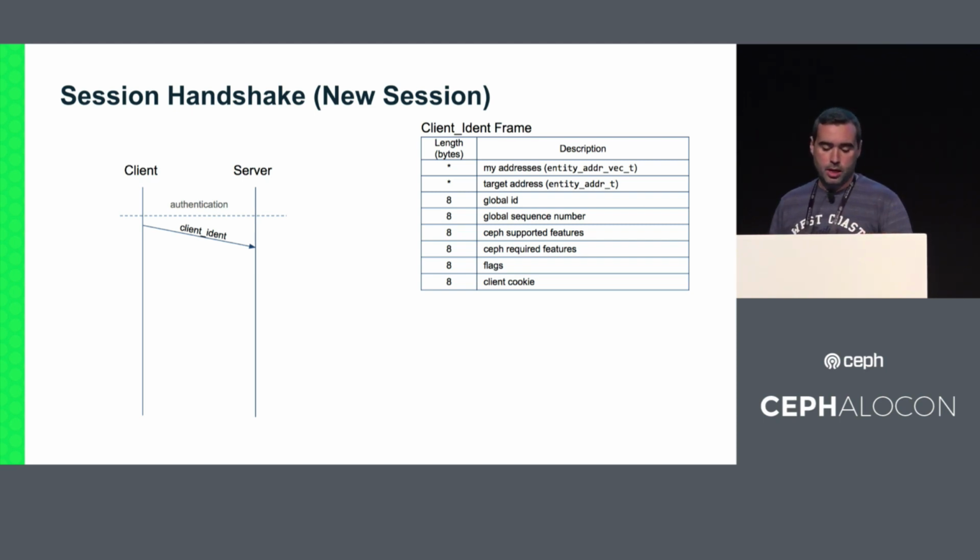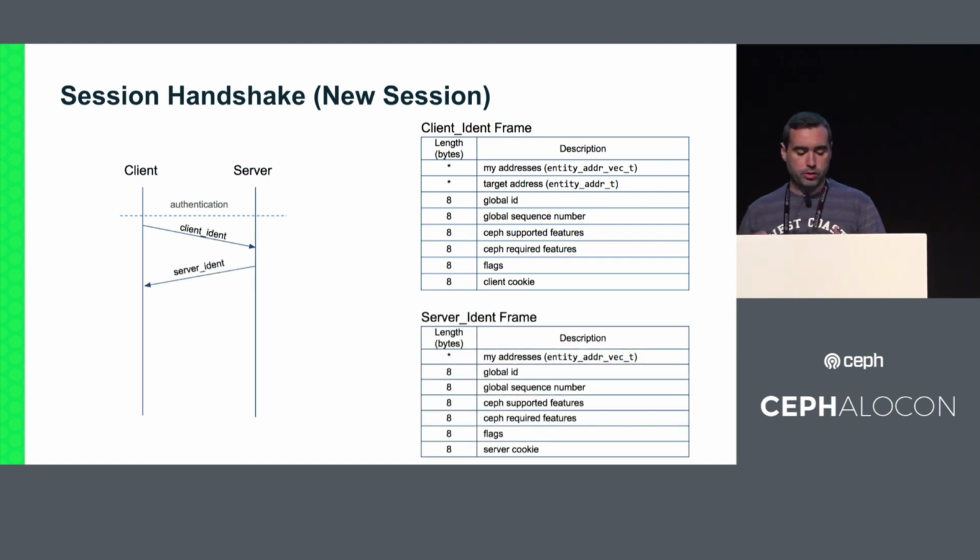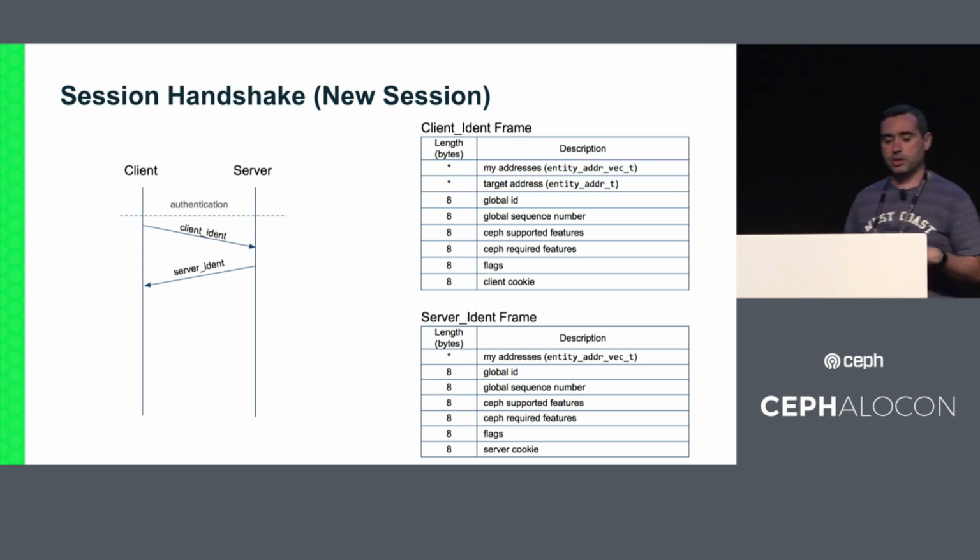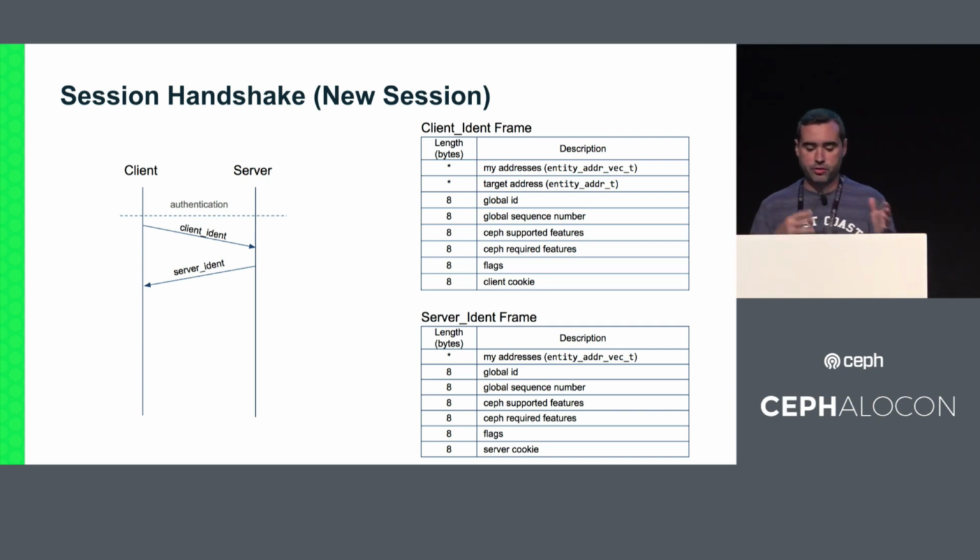The server, when it receives the client identification, if everything is okay, will reply to the client with its server identification and all this information, also about the features, and also the important server cookie, which identifies the session from the server side.